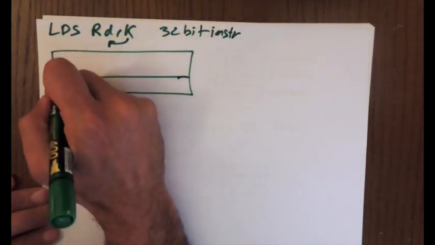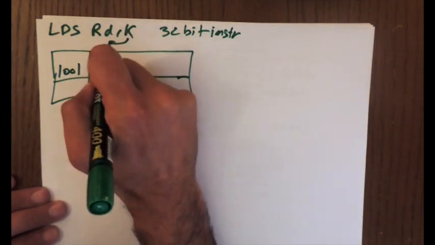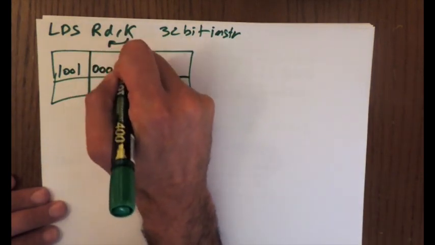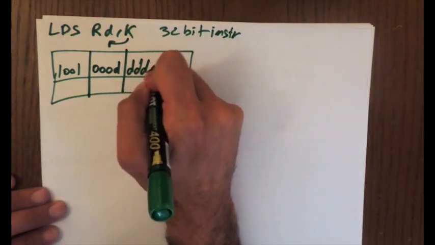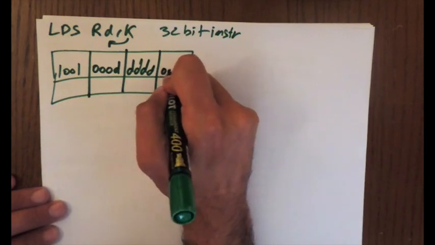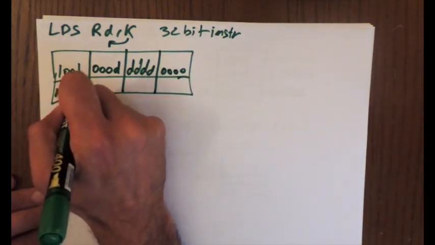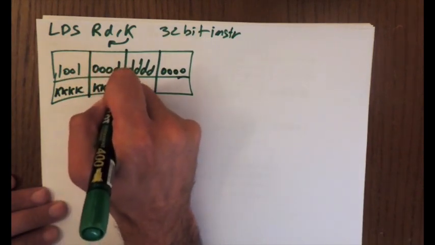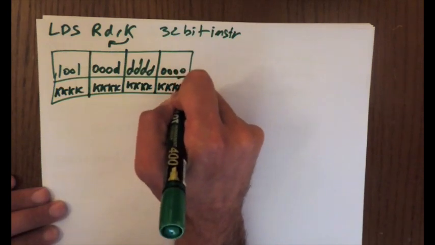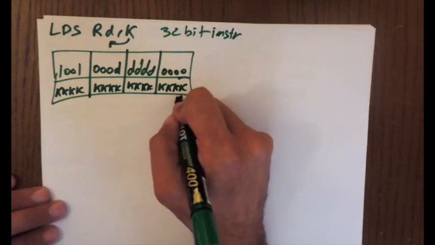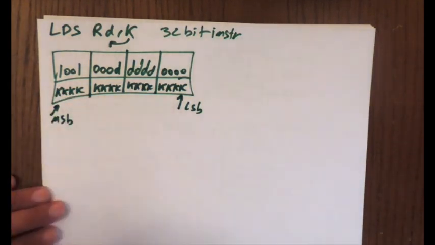So we have 1001, and then 000, D, and I have 4 Ds. I have also zeros. Then I have the 16 Ks. Remember, with the K we start here with the least significant bit, and here the most significant bit.